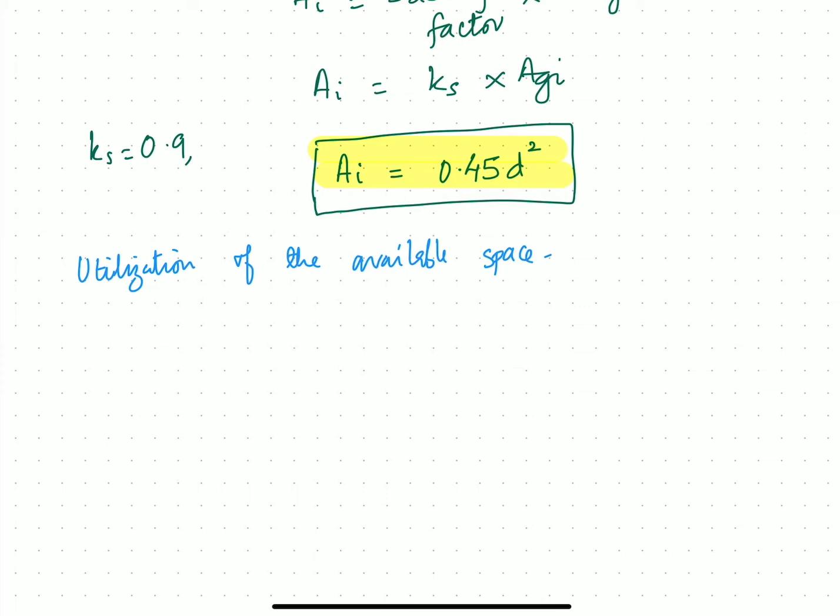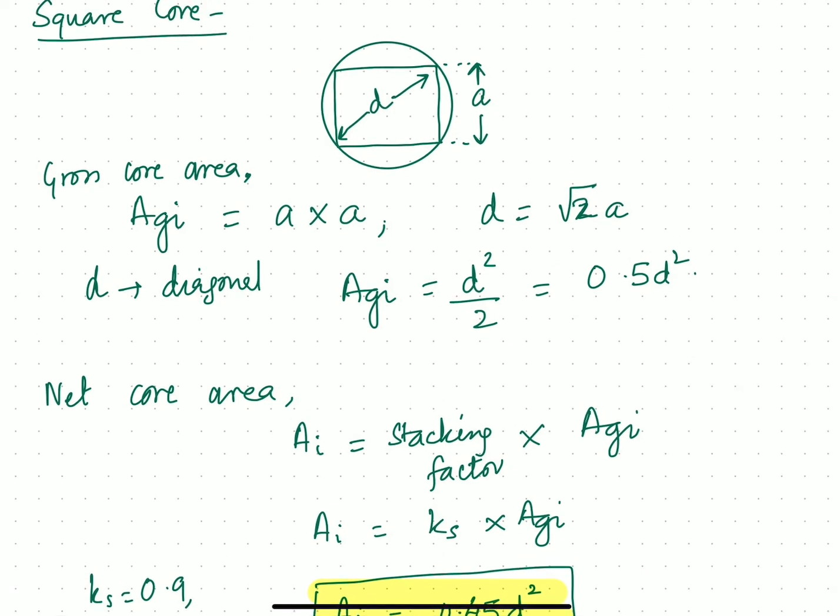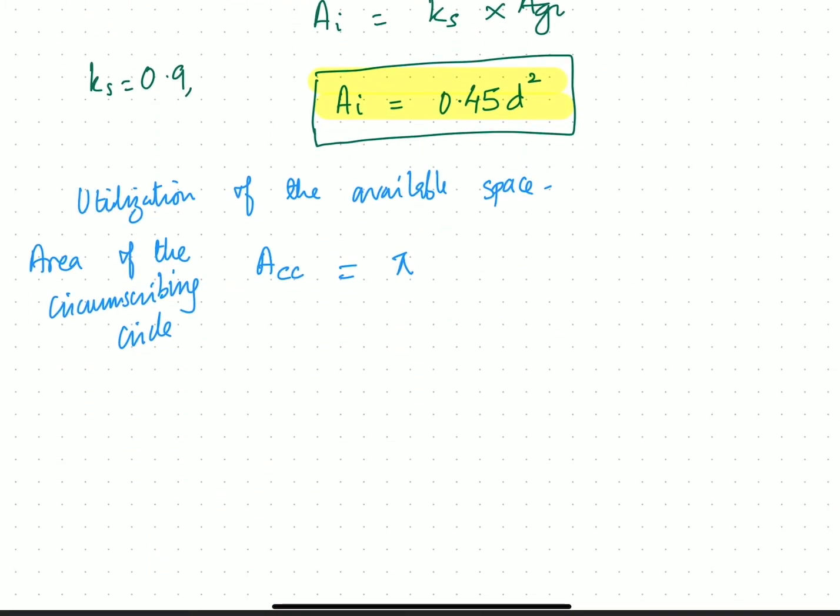For that, we see that the area of the circumscribing circle ACC is equal to, what is it? It will be pi r square. Area of circle is pi r square. Since r is equal to d by 2, you get ACC equal to pi by 4 d square.